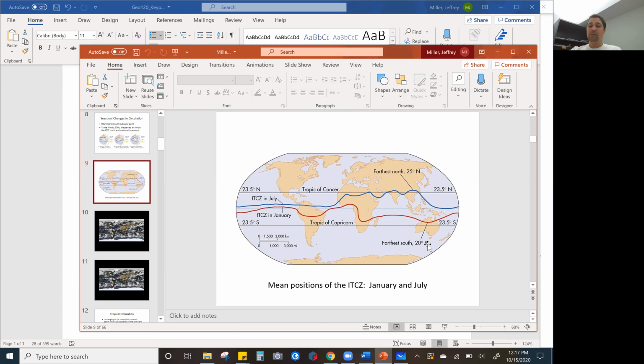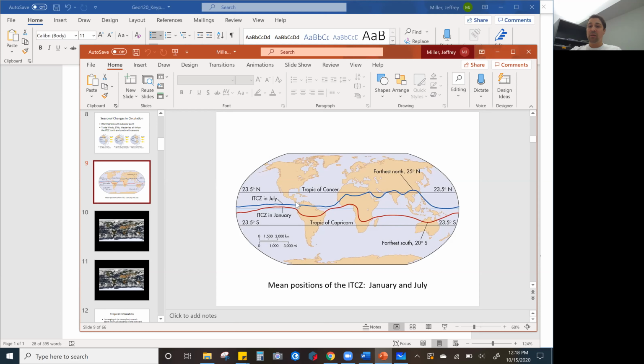The furthest southern in January is about 20 degrees. So that means, let's put it this way. As I'm looking at this, I would say you have more tropical weather in these parts of Africa and Southern Asia, as opposed to places like Southern Mexico or Central America.